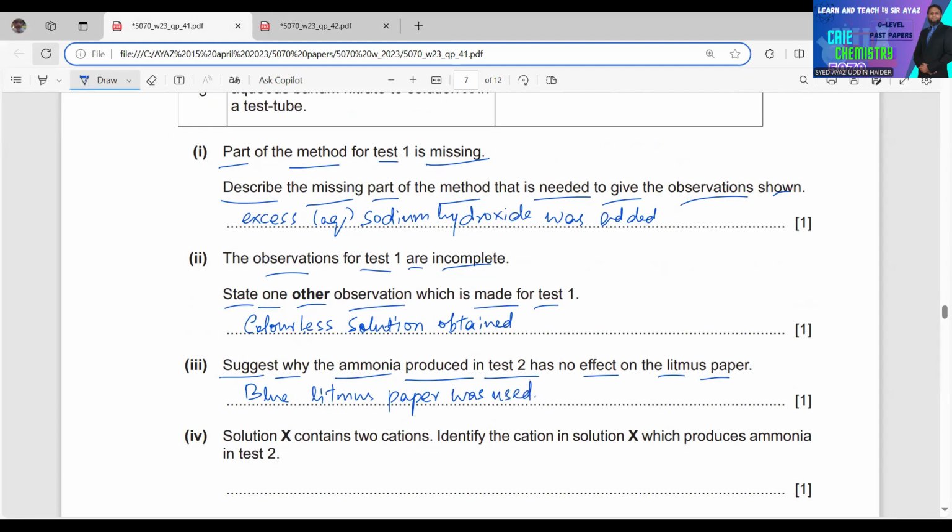Number 4, solution X contains 2 cations. Identify the cation in solution X which produces ammonia in test 2.